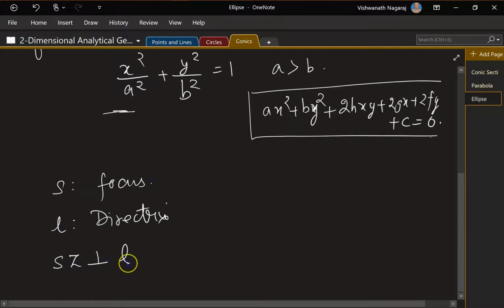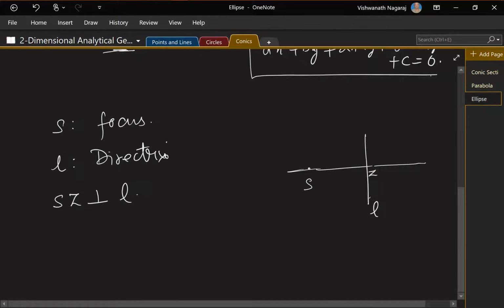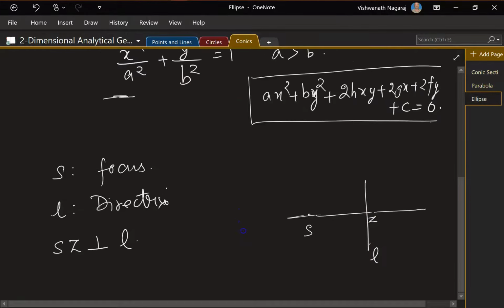SZ be perpendicular to L. So let's say we have a point S and we have a directrix L and a perpendicular from S to Z. Now here the important thing to remember is that when you have a directrix and a curve and this is a focus, you will have one line which is a straight line, part of the axis, but starting from the directrix to the focus.